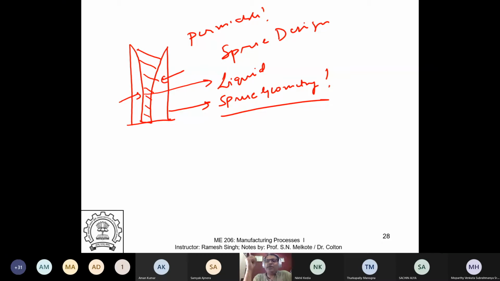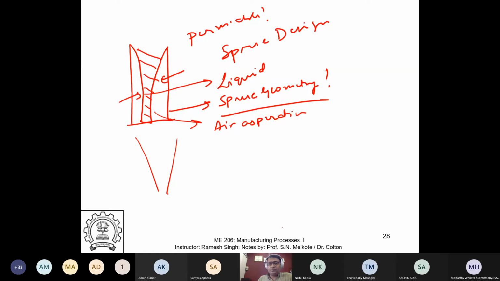There will be massive air aspiration, not only bubbles. So you have to make the sprue at least tapered, so that there is very little empty space where the air can rush in. That's how the sprue is important. Otherwise, if you don't design the sprue properly, there will always be air aspiration, right?